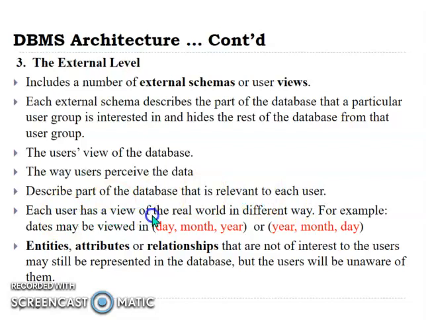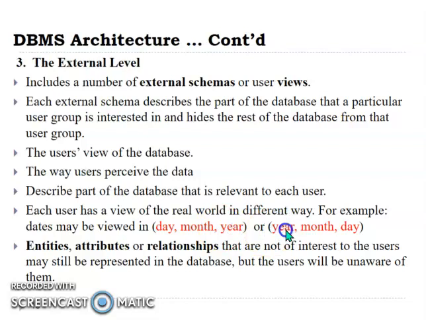Each user has a view of the real world in different ways. For example, a date may be viewed as day, month, year, or month, day. By this means, the user can view the data stored in the database. There are two options, maybe day in the first column, month in the second, year in the third.